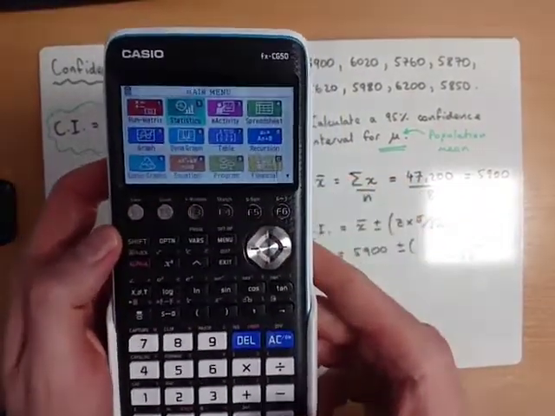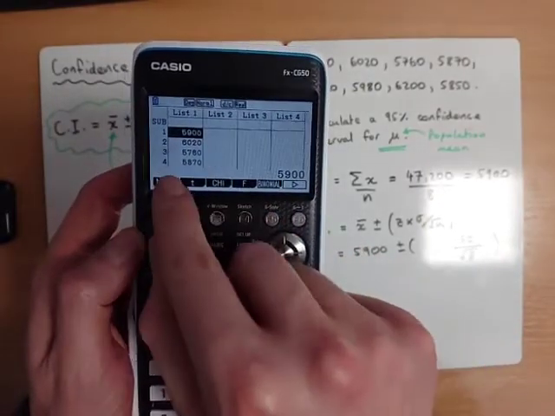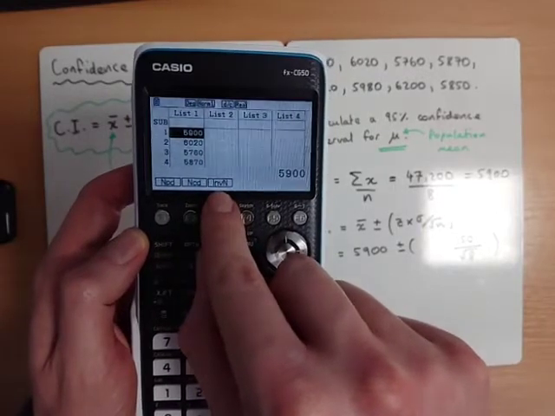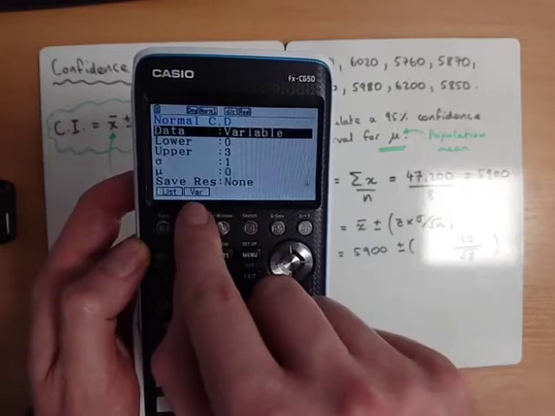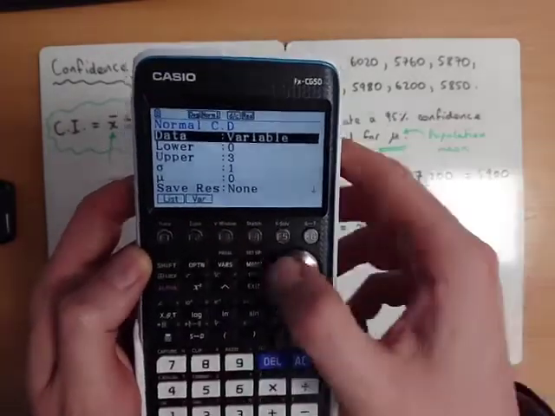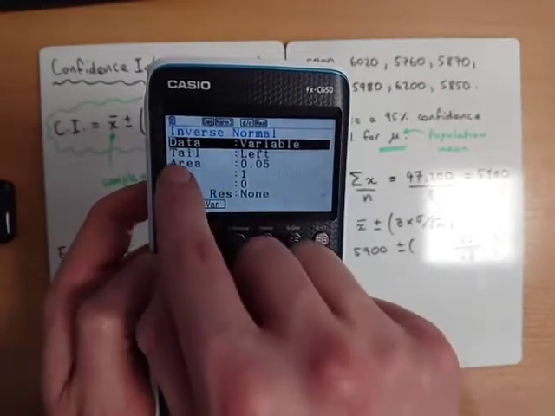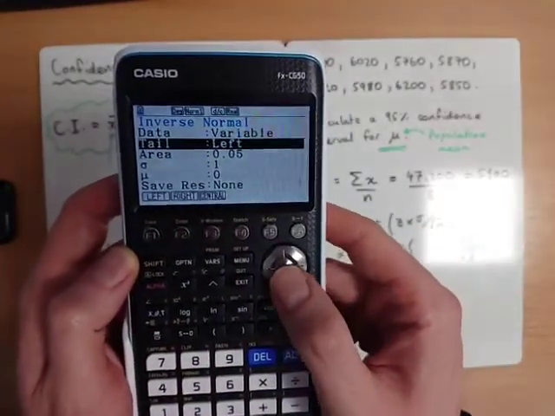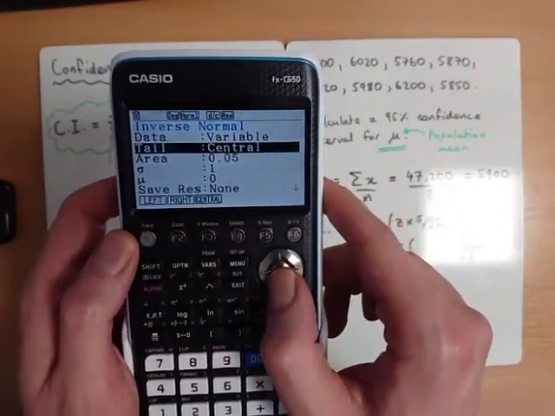So go on to menu, statistics, and we want to go into distribution, normal, inverse normal. It's been a while since I did this, but yes, it is distribution, normal, inverse normal. And we get this tail option. We want to set the tail to central.